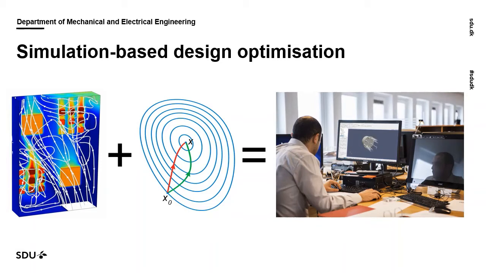Essentially we're taking simulations, here a complex conjugate heat transfer simulation, and we add it together with mathematical programming, optimization theory, and by adding the two together we get a piece of software where we're able to design a structure for a given problem using our simulation tools.